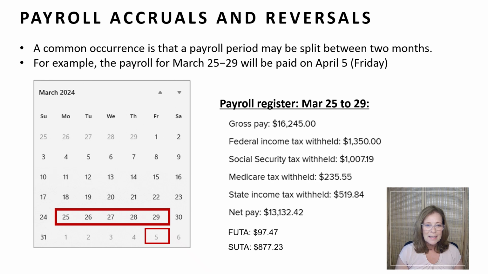So let's look at this example here, where the payroll for March 25th through the 29th will be paid on April 5th. The March month close would not be complete without the payroll expenses for March 25th through March 29th.